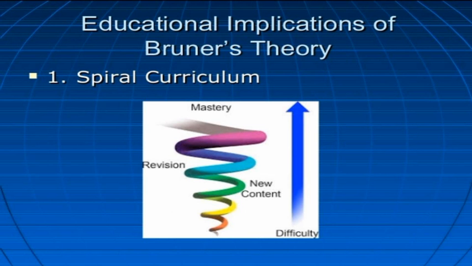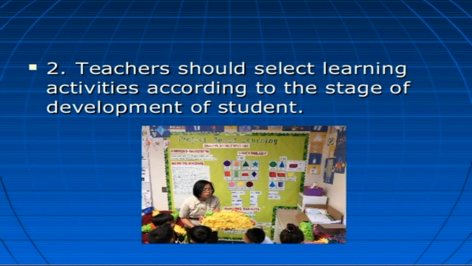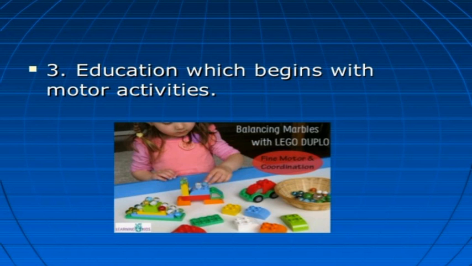Now coming to educational implications of Bruner's theory. First and foremost, it relates to spiral curriculum. Next one, teachers should select learning activities according to the stage of development of the student. A third one, education which begins with motor activity.